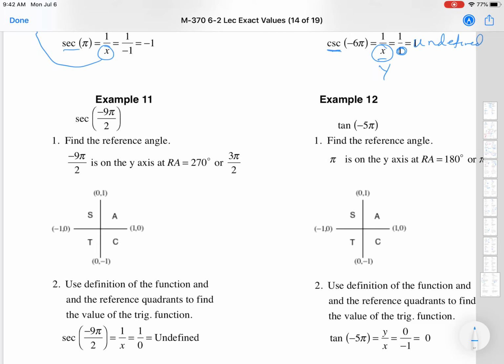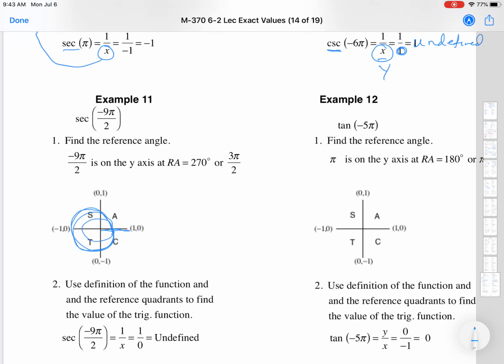Example 11, negative 9 pi over 2. Okay, so where is negative 9 pi over 2? Well, it is going backwards, and it's beyond negative 8 pi over 2. So negative 8 pi over 2 would be right here. It'd be going backwards, 2 pi, 2 pi, 4 pi, 6 pi, 8 pi.